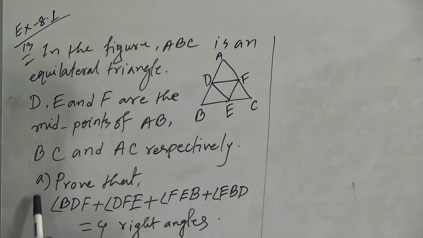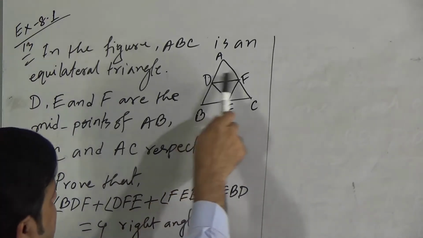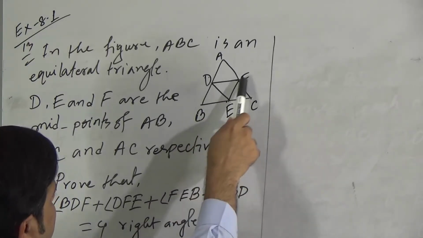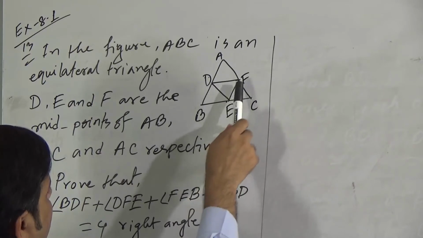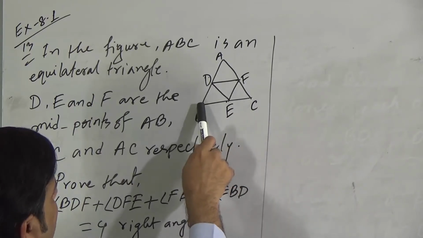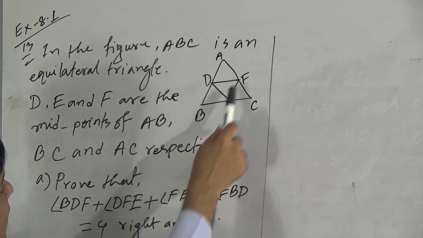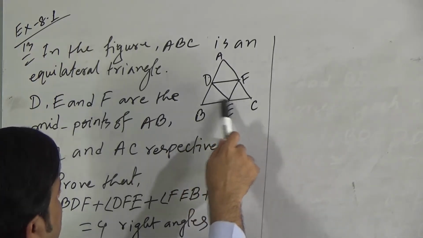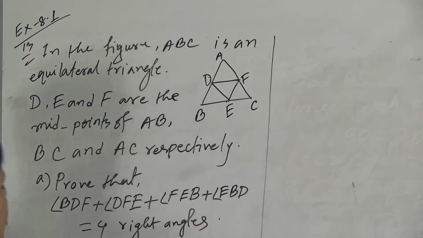Now at first, part A, prove that angle BDF plus angle DFE plus angle FEB plus angle EBD is equal to 4 right angles.